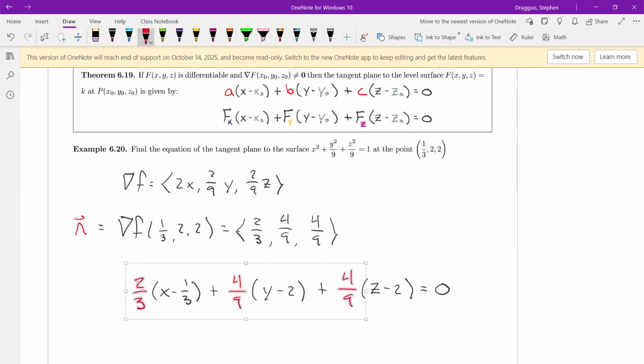Or to just highlight some bits, that 2/3, that 4/9, and that other 4/9 all come from my gradient, because that's my normal vector. And I'm just plugging those gradient values into the equation of a plane for A, B, and C.